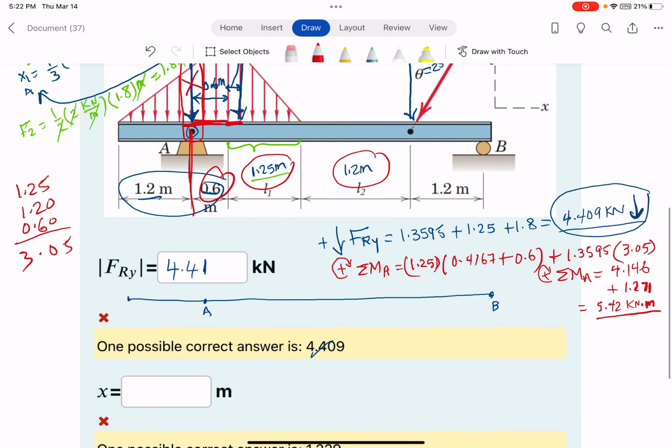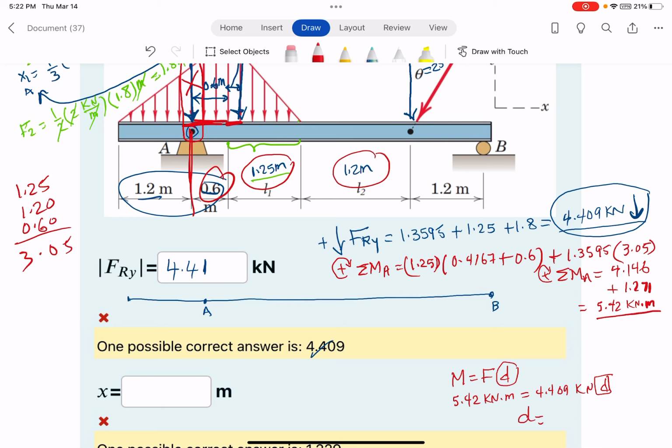And now we could find the distance. Remember, the moment is equal to force times the distance. We need to find out this distance from point A. So we have the moment, the force times the distance.